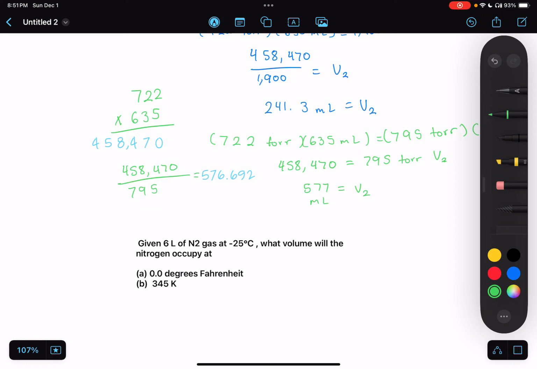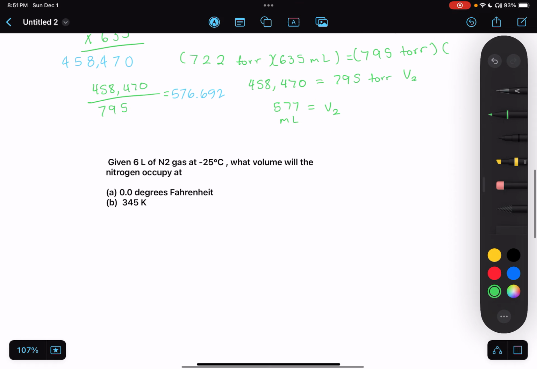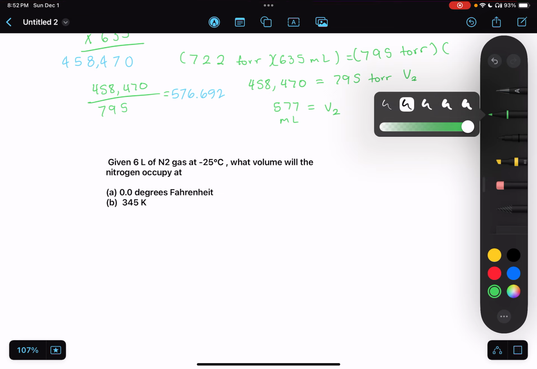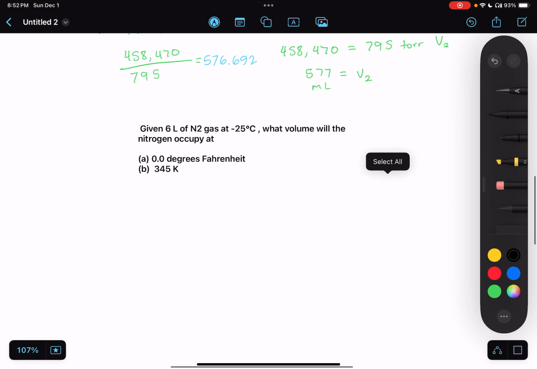Alrighty, pretty good. Given 6 liters of N2 gas at negative 25 degrees Celsius, what volume will the nitrogen occupy at, got two choices, 0.0 degrees Fahrenheit and 345 Kelvin. Okay, so this one's going to be slightly different. This is going to be a new formula.